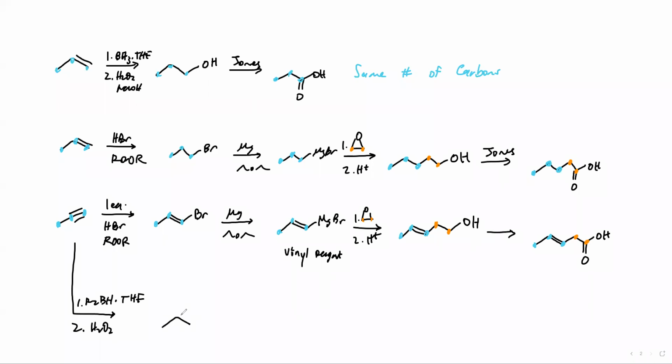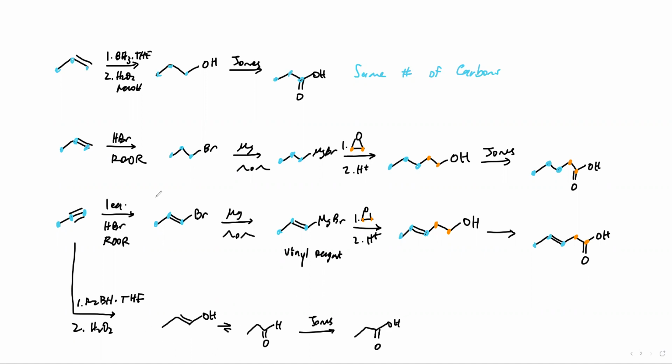And what we get initially is an enol that quickly tautomerizes into the aldehyde. Okay, so the hydroboration enol turns into an aldehyde, and that guy, we know we can just use Jones and turn into a carboxylic acid.